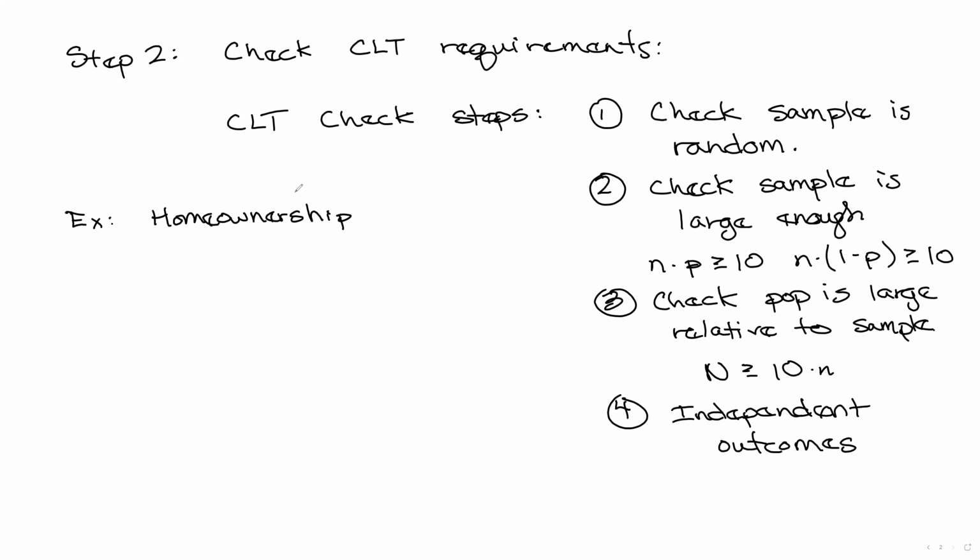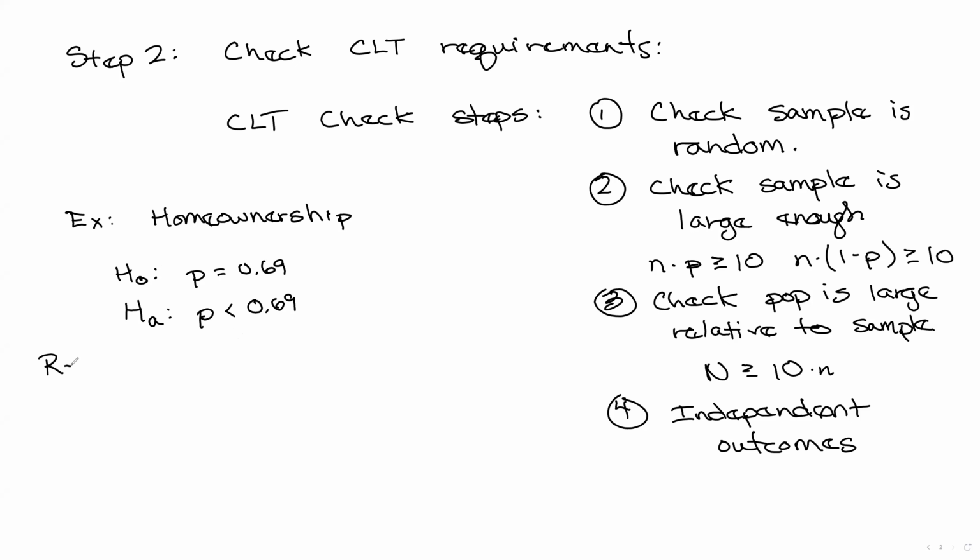In that example, H naught was that 69% of households were homeowners. That was our null hypothesis. And then the alternative hypothesis was that homeownership rates have declined, so we're looking at less than 0.69.